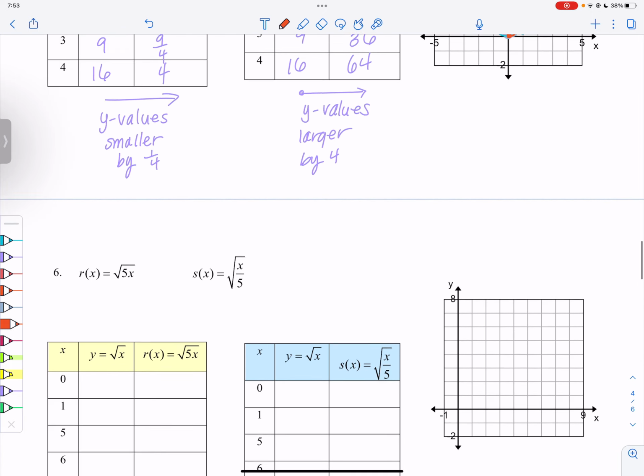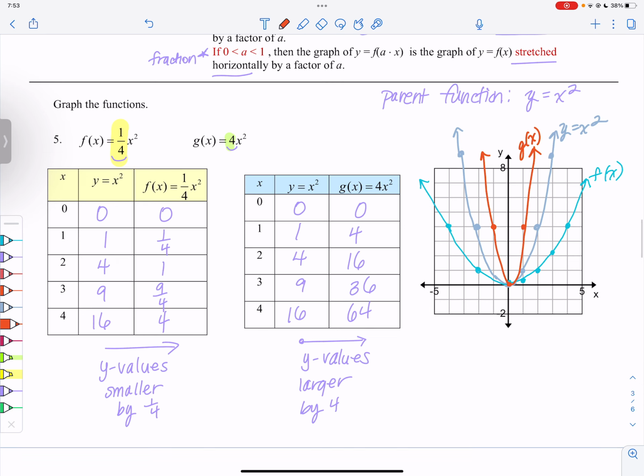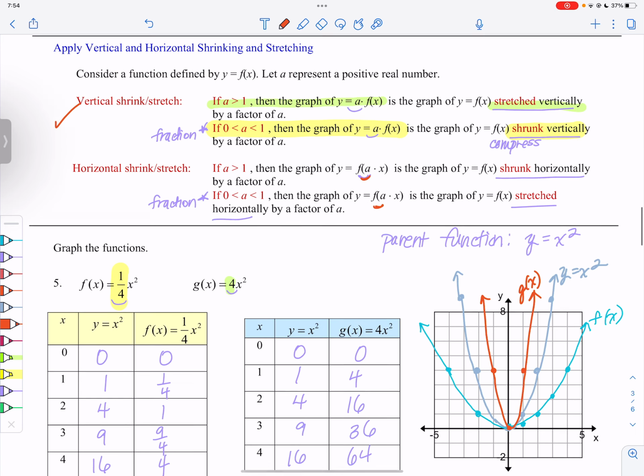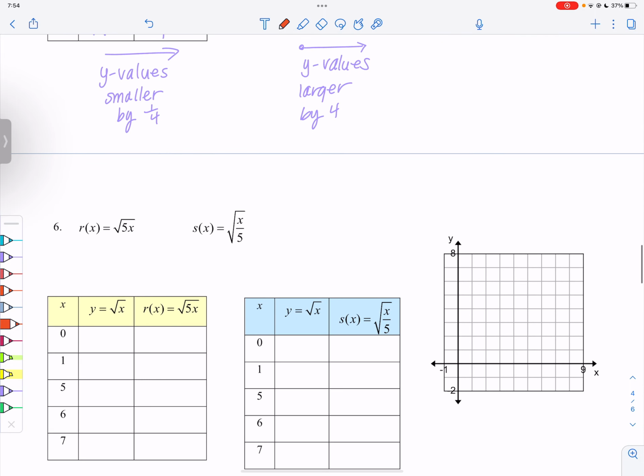Okay, looking at number 6. We are now on the inside of the function. As you can see here, we were multiplying by the outside of the function here. But now we're going to be on the inside of the function multiplying x by a constant. Here the constant is greater than 1. Here this constant is a fraction.